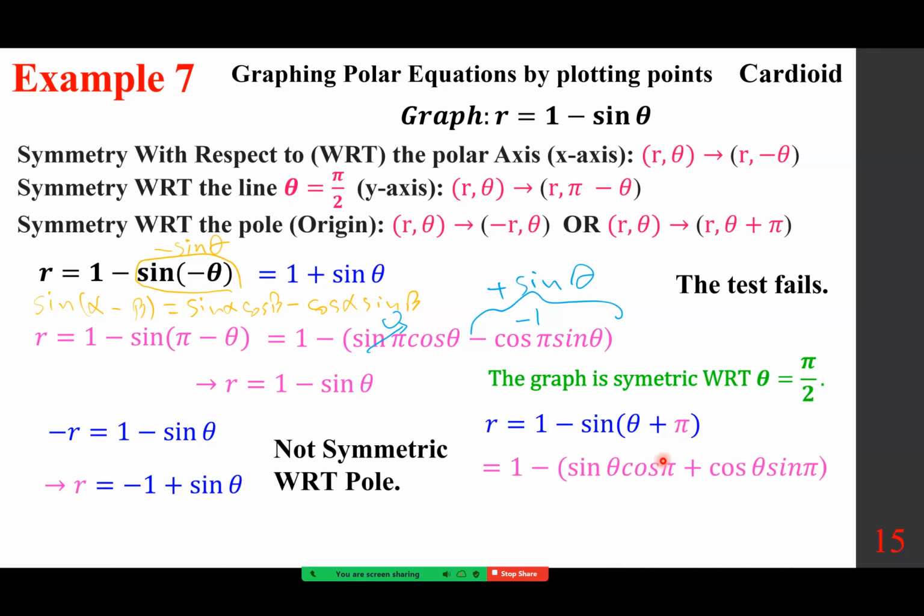So cosine pi, we know it to be -1. Sine of pi, we know it to be 0. Now this we don't have to worry about. This becomes negative, and with this negative becomes positive sine theta, and therefore it's not symmetric with respect to the pole. Pretty straightforward.